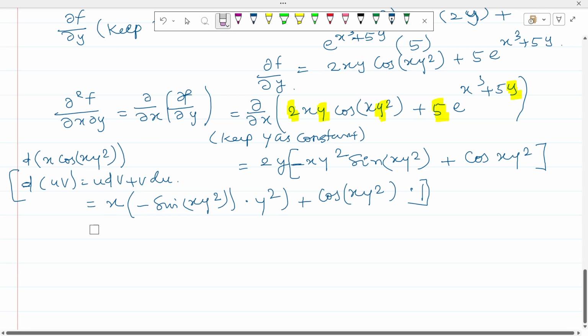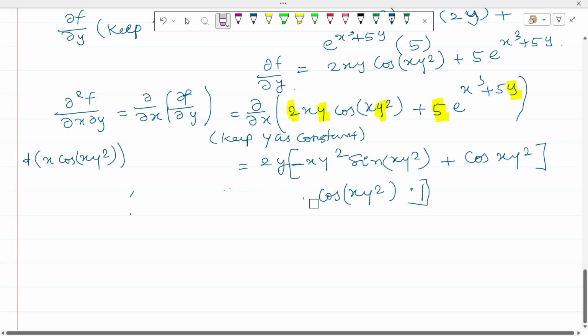it's totally different term. So one more term is here.